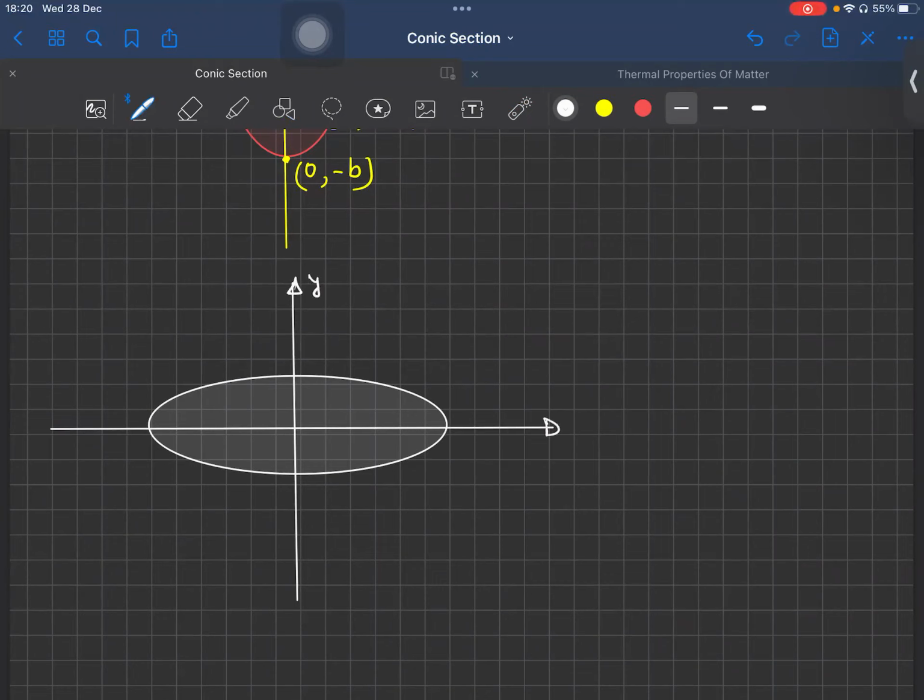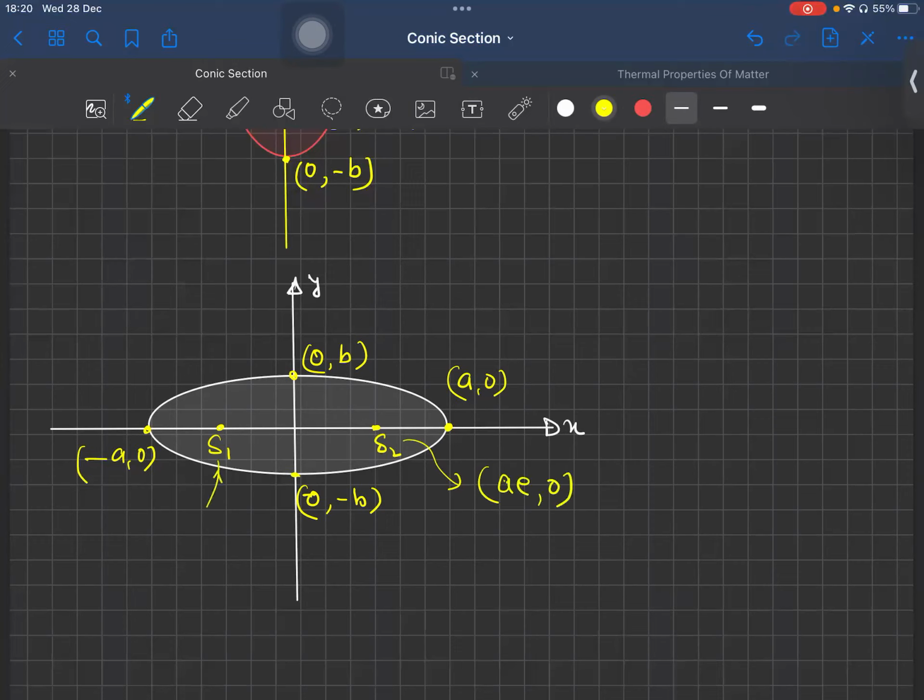Now the endpoints if you write, this is A, comma, 0, this is minus A, comma, 0, this is 0, comma, minus B, this is 0, comma, B. This is focus S1, let's say this is S2. So focus S is AE, comma, 0. Here it is minus AE, comma, 0.